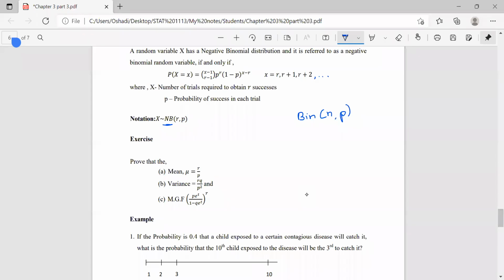The only difference is that the mean is multiplied by r, the variance is also multiplied by r, and the moment generating function has an r-th power added. That is the only difference, right? So try to prove it on your own. It's not that difficult. You can do it on your own.